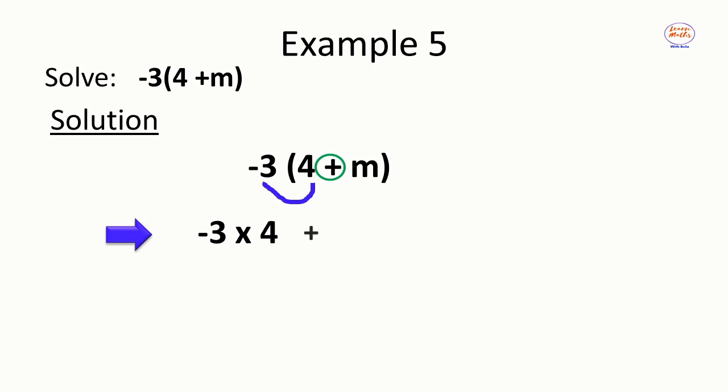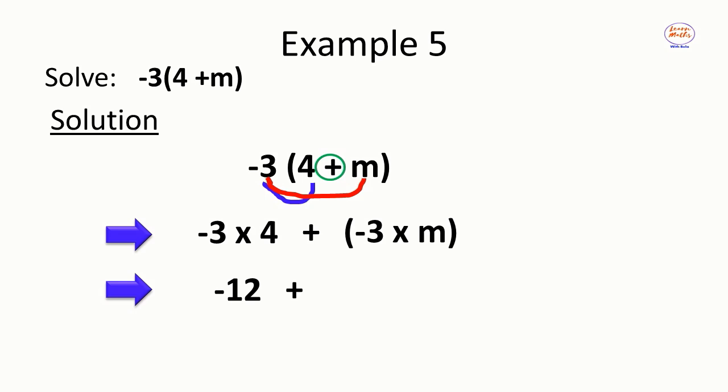by that. Now you add, then you put in bracket minus 3 times m. I love using brackets when you have expressions like this where the two signs may want to follow each other. So our minus 3 times 4 is minus 12 plus minus 3 times m.